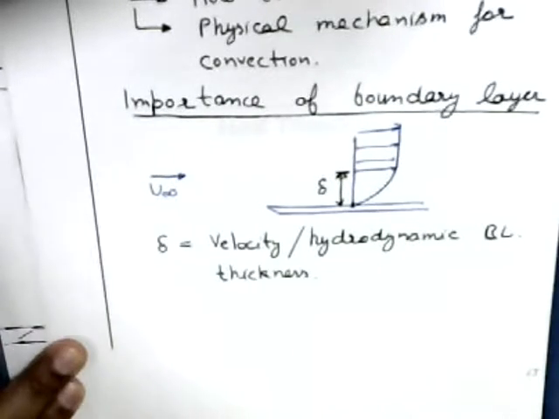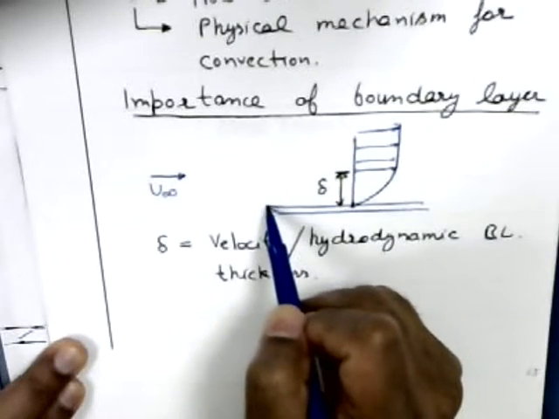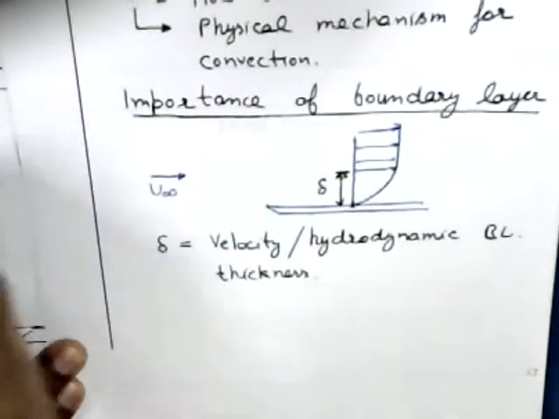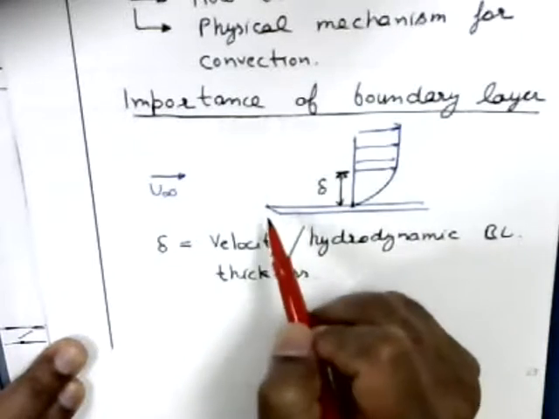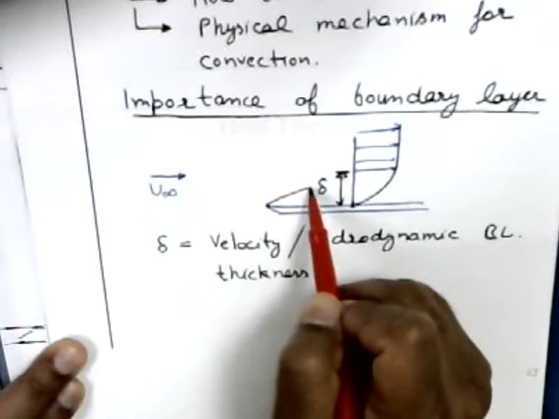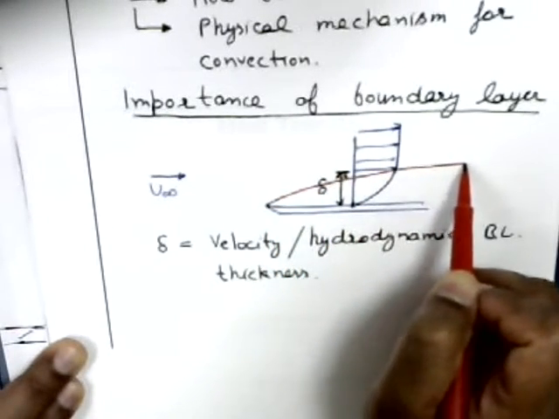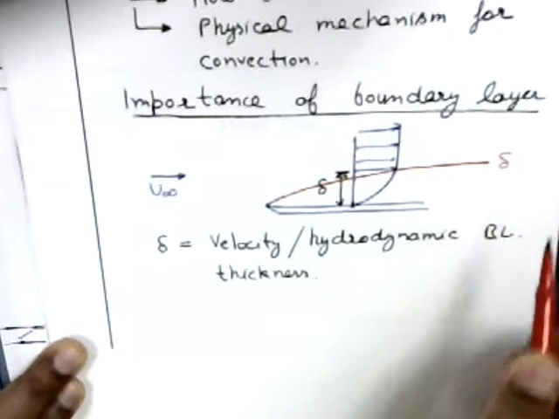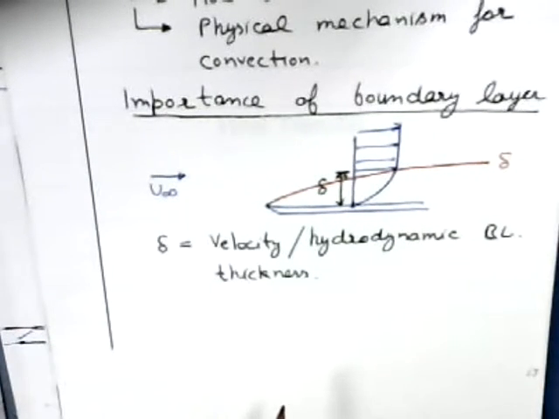And it grows in the direction of flow. So at this point, delta is 0, and then it grows. So this is how delta looks. That is the hydrodynamic boundary layer thickness.